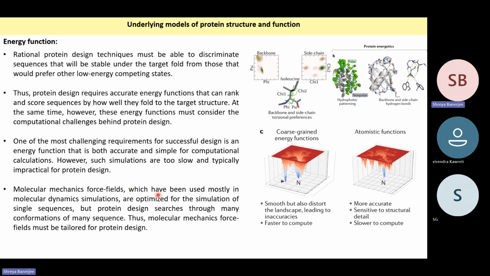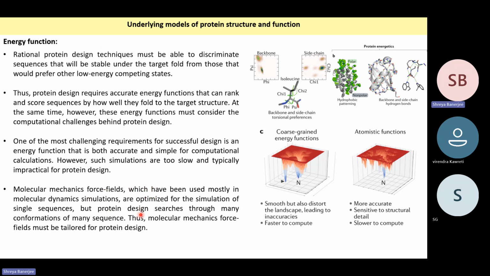Molecular mechanics force fields, which have been used mostly in molecular dynamics simulations, are optimized for the simulation of single sequences. But protein design searches through many conformations of many sequences. The molecular mechanics force fields, which we studied in the previous class, are okay for a short amino acid sequence if you have only one sequence.